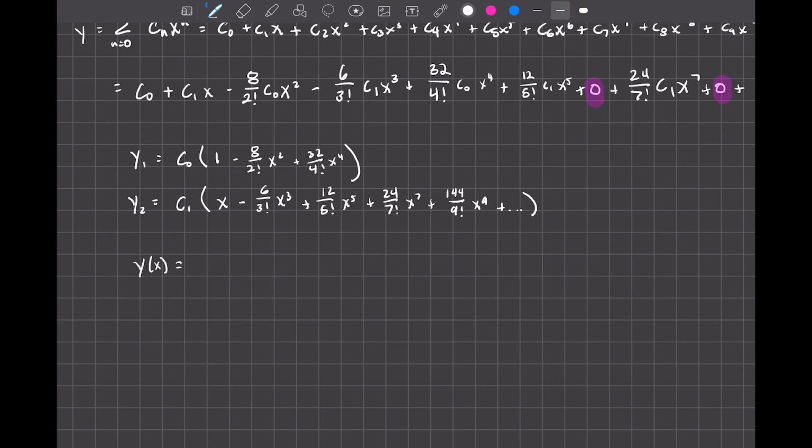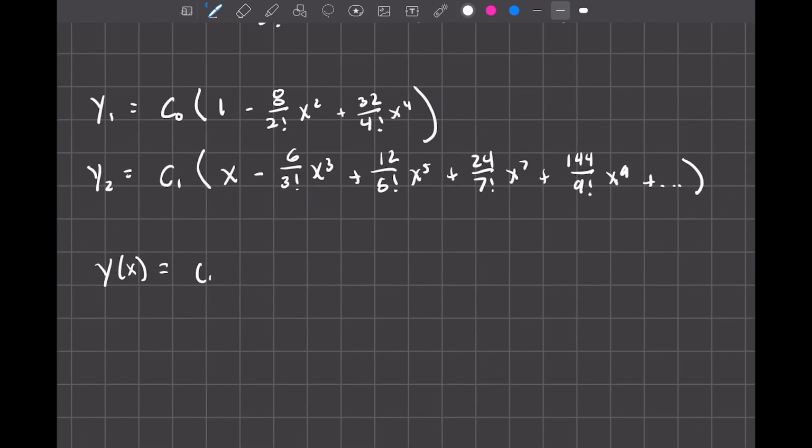Now I'll find the full thing just by combining them, adding the two together.